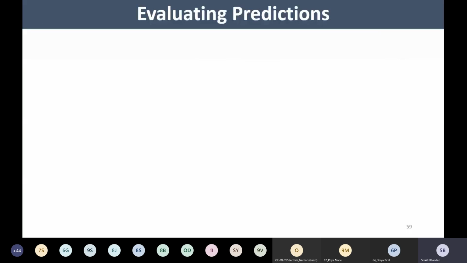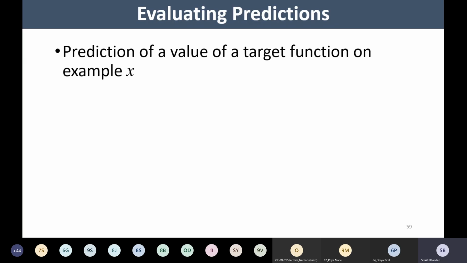evaluating the predictions. If I want to evaluate my hypothesis, how well it is predicting my unknown data, then we are going to have some mathematical expression to evaluate our target functions, right? So let us assume that after building a model, we are going to present a new example x to our hypothesis or target function.